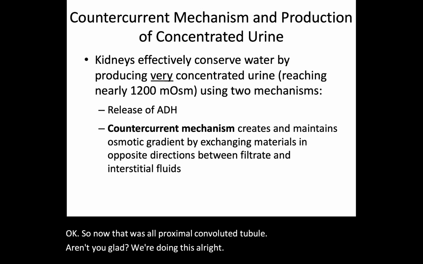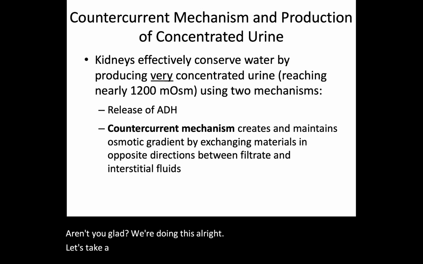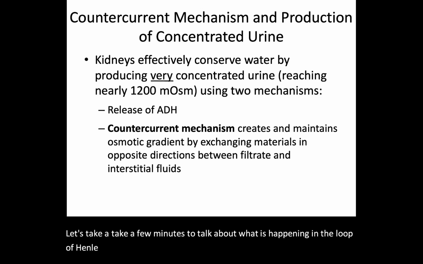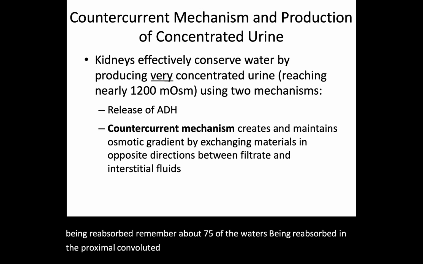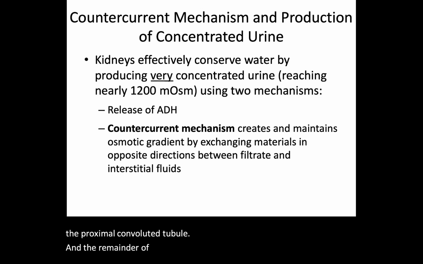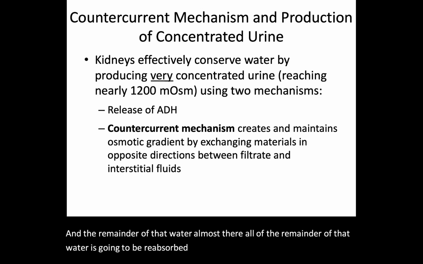Let's take a few minutes to talk about what is happening in the loop of Henle, because in the loop of Henle we see the other 24% or so of water being reabsorbed. Remember, about 75% of the water is being reabsorbed in the proximal convoluted tubule, and all of the remainder of that water is going to be reabsorbed in the loop of Henle.